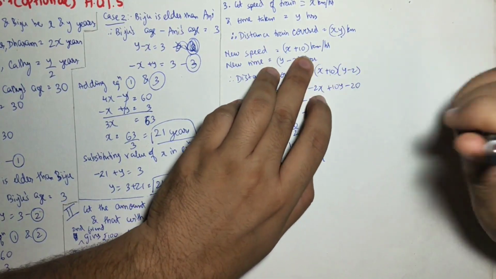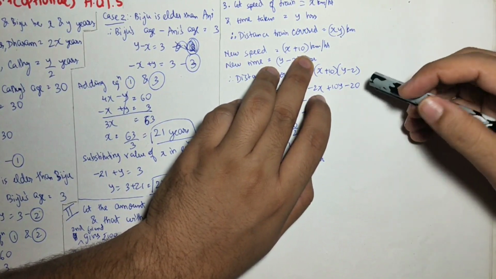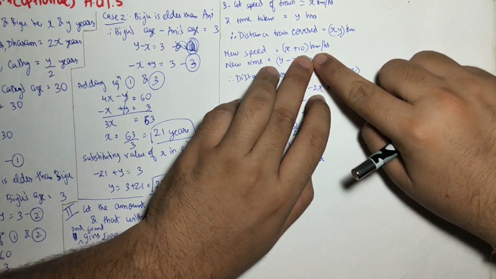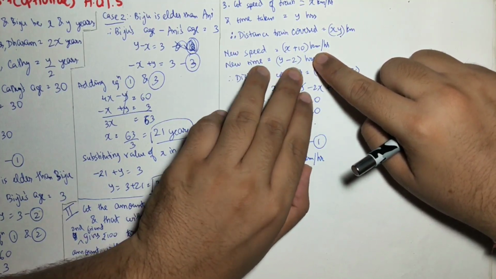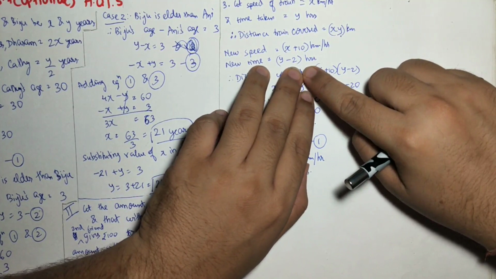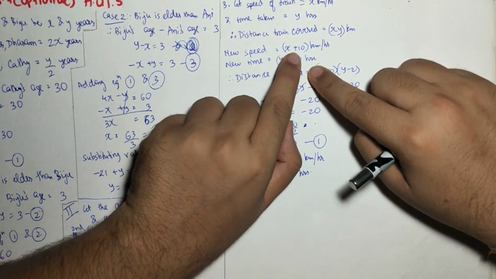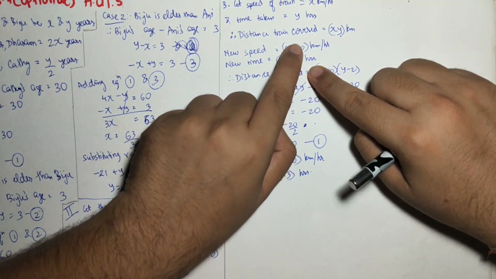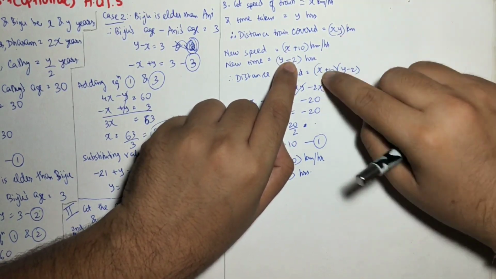So the new speed is 10 km per hour faster than the older one. So the new speed is x plus 10 km per hour. And the time taken to cover the same distance will be 2 hours less. 2 hours less means y minus 2 hours. Now using this new speed and new time, if I multiply these two, I will get the same distance because the distance covered is the same.